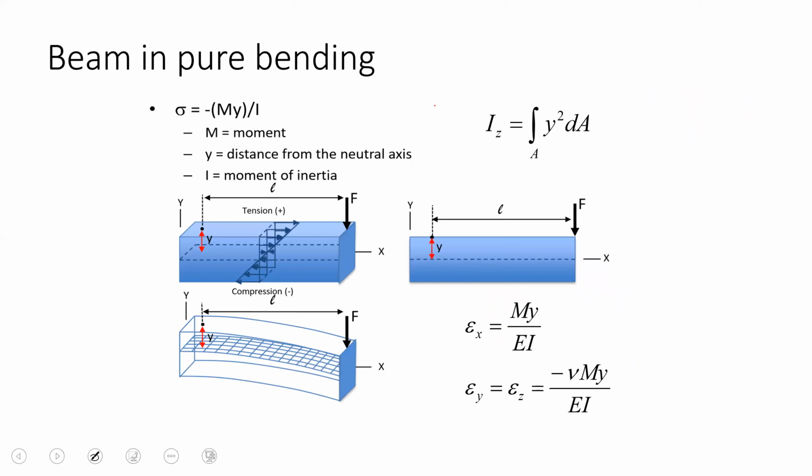And pure bending in our case, sigma max was equal to Mc over I. Initially it was with rho, but then we converted it to Mc over I when it is maximum.